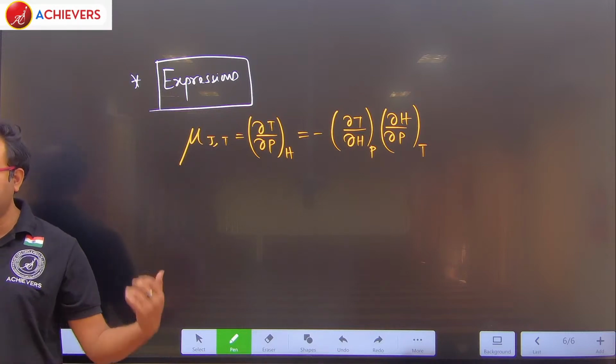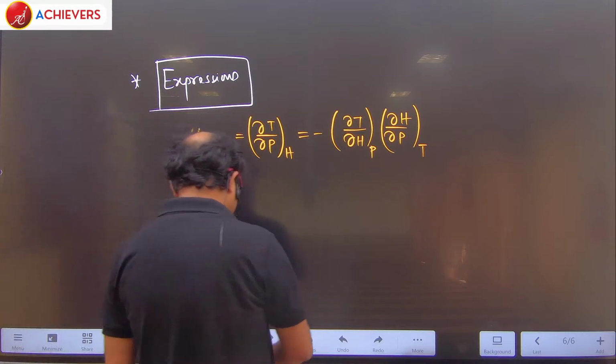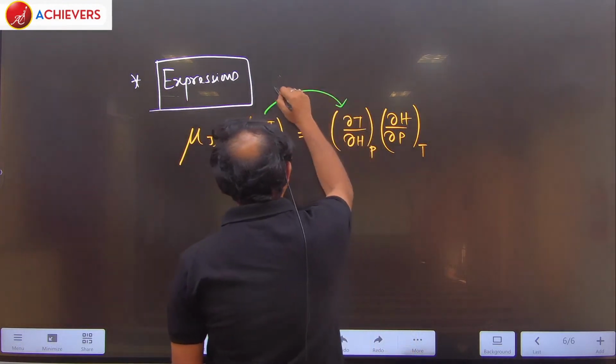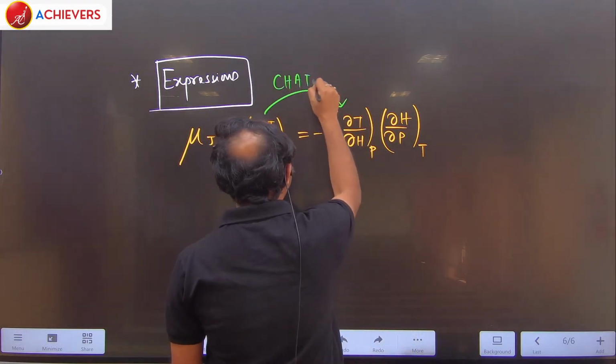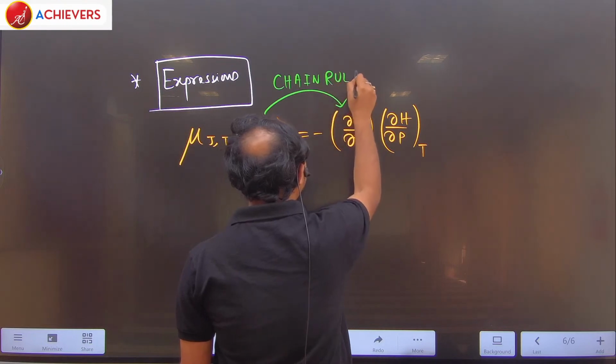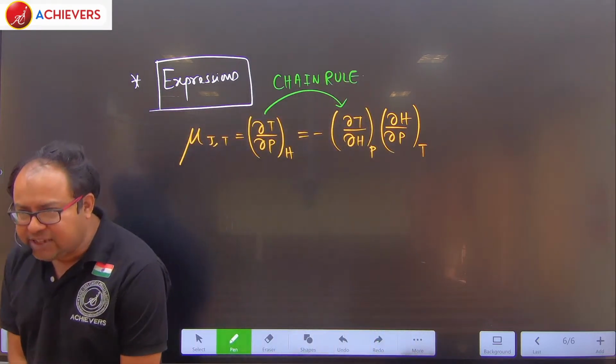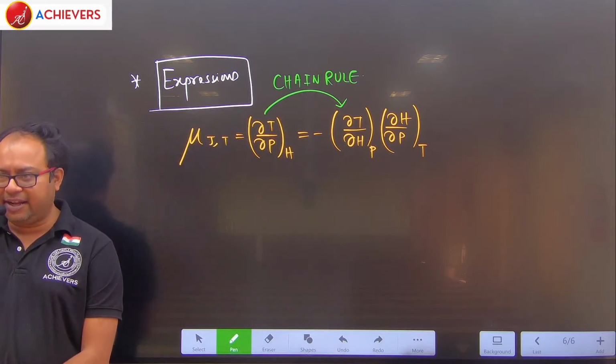So you're getting this by applying the chain rule. The chain rule is always valid for state functions. We are already acquainted with that.